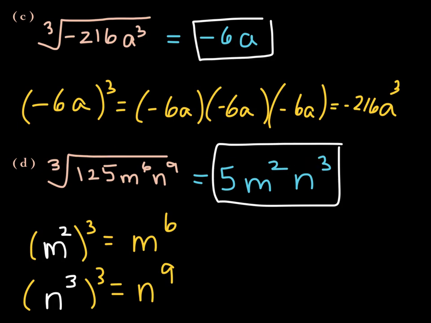It works on the previous example too. What's 3 divided by 3? 1, and there's a power of 1 there, right? So when you are simplifying radical expressions with variables, you can take the power on the variable, divide it by the index, and that'll give you the power in your answer for that variable.